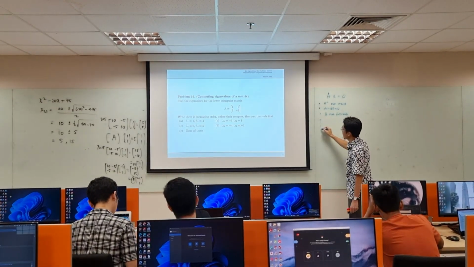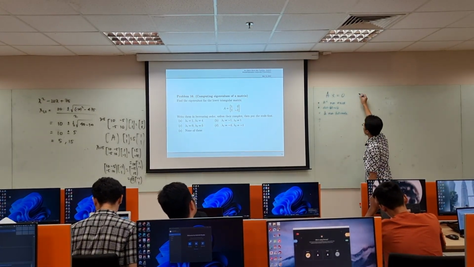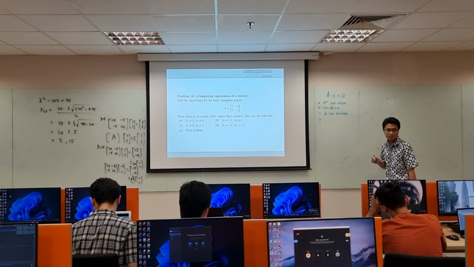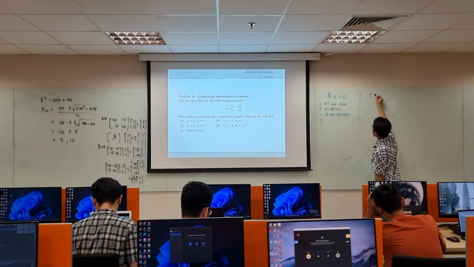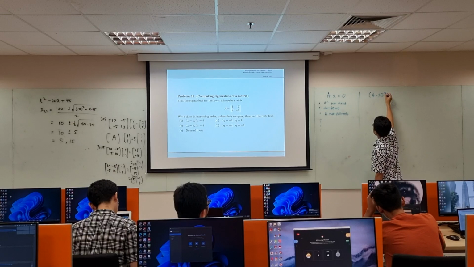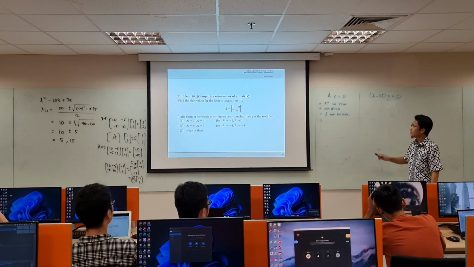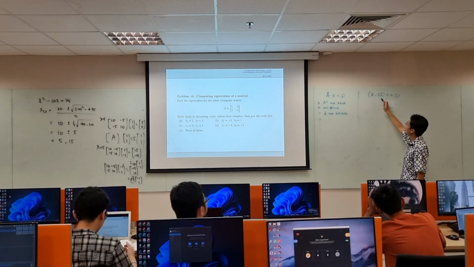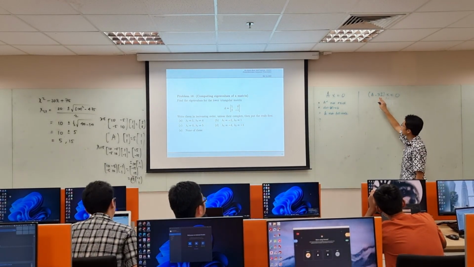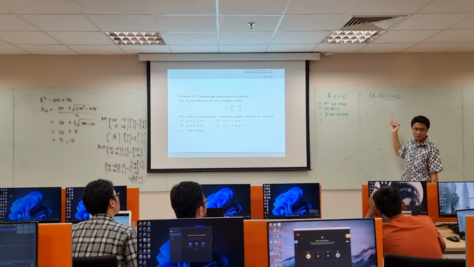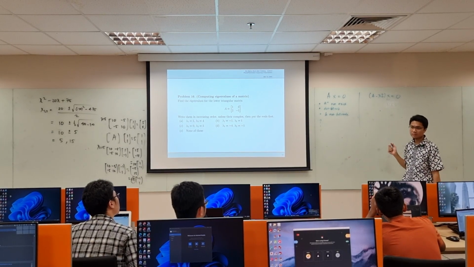And so on. To find out the eigenvalue, we are using this condition. Lambda is eigenvalue of A, x eigenvector of A, if this equation holds for non-zero x.